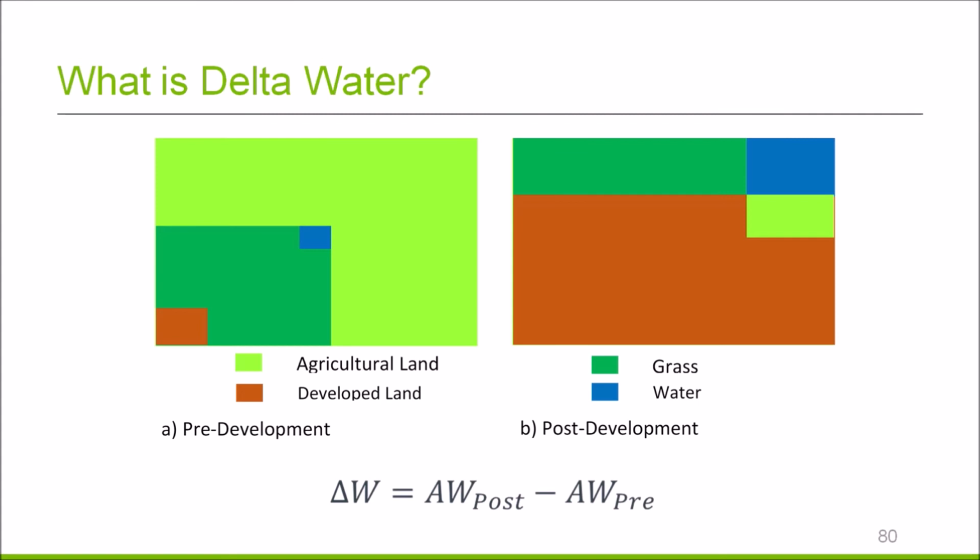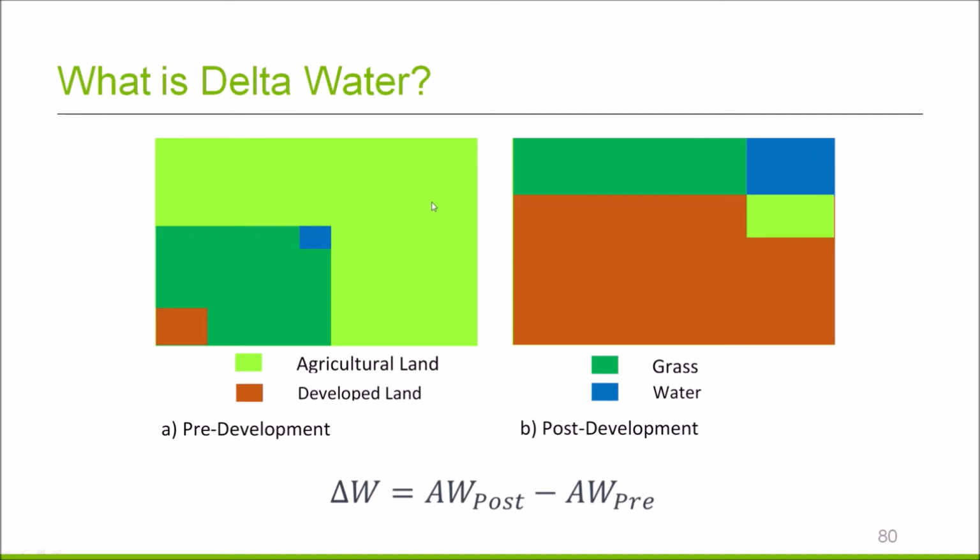probably a lot of that grassland or agricultural land will be gone, right? And then definitely the amount of developed land will increase because you are now paving the land with roads, houses or industrial buildings. At the same time, there will maybe be a stormwater pond, so there is a chance that the water area will also increase.